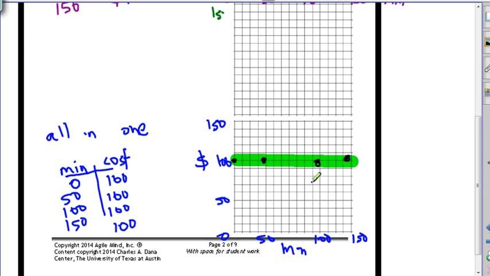Also, this definitely tells me this is not proportional. The $100 is constant, but it's not constantly proportional, okay? So it tells me that this is really weird. Later on in 8th grade, we'll find out what this is called exactly.